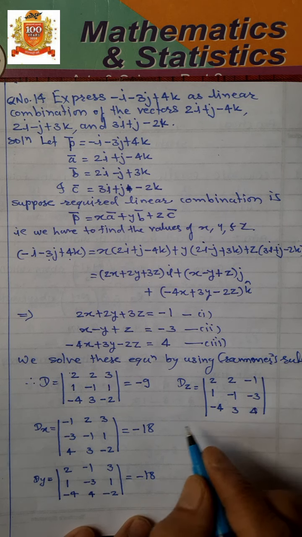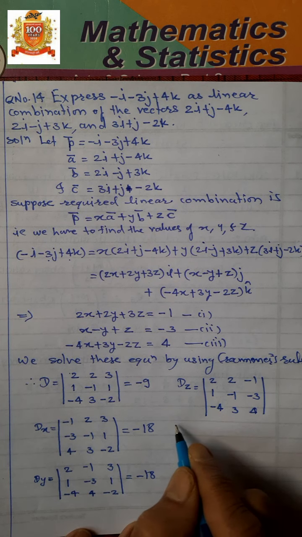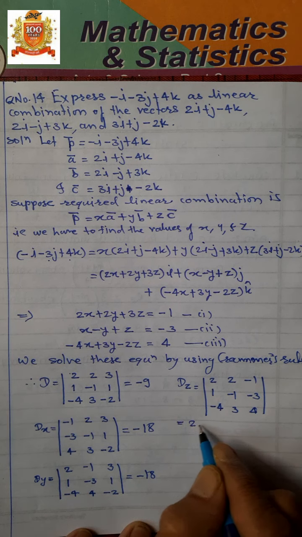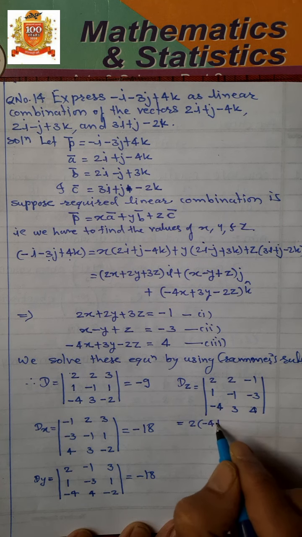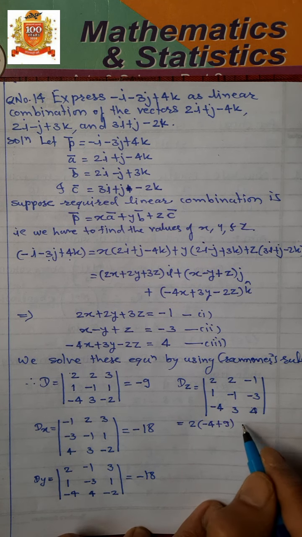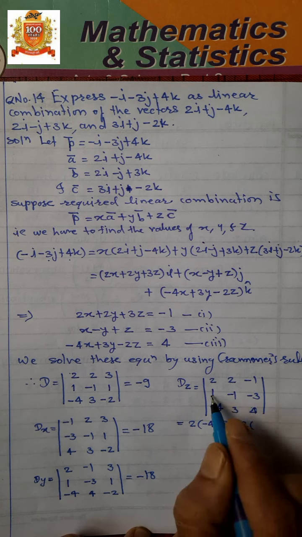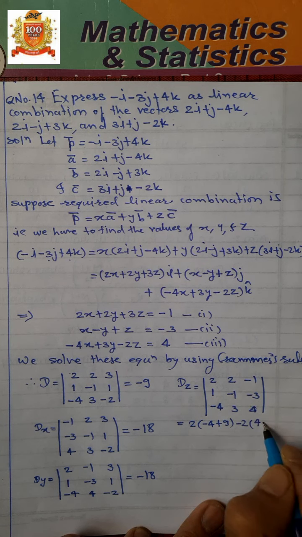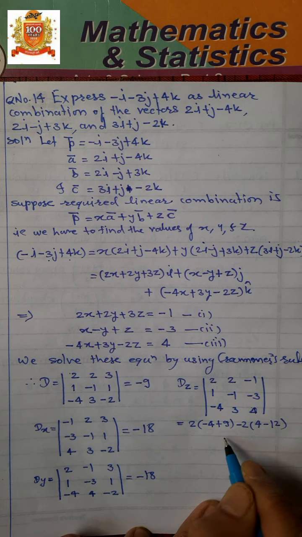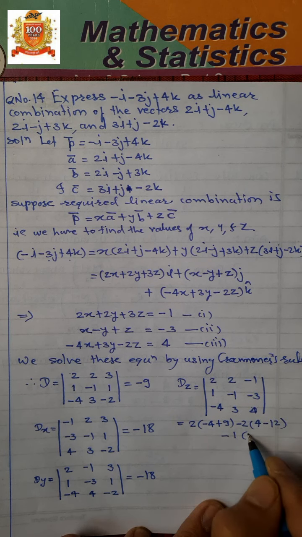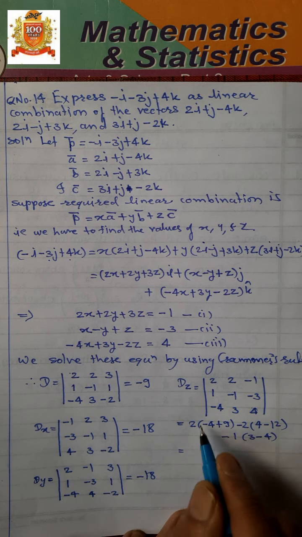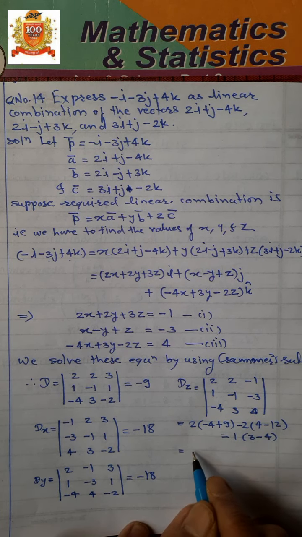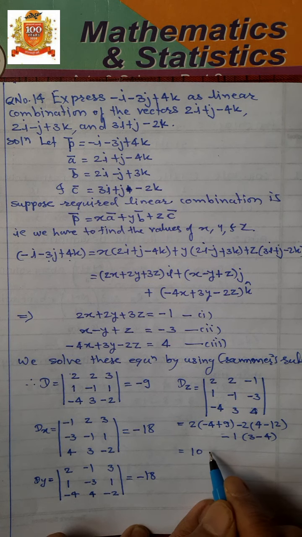This one we will solve here. I will show you this. 2 into bracket minus 4 plus 9, minus 2 into bracket 4 minus 12, minus 1 into bracket 3 minus 4. That is equal to 5 twos are 10. Here minus minus becomes plus.